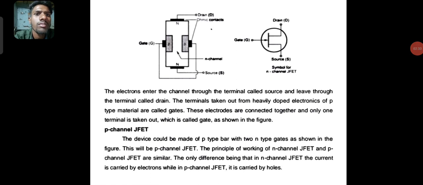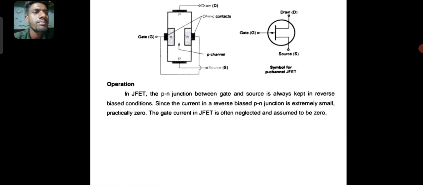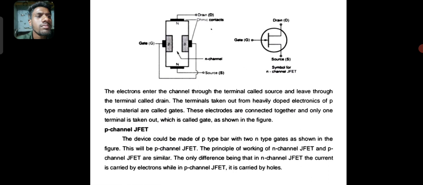And this is a diagram of the N channel JFET. The electrons enter the channel through the terminal called source and leave through the terminal called drain. The terminals taken out from heavily doped electrodes of p-type material are called gates.